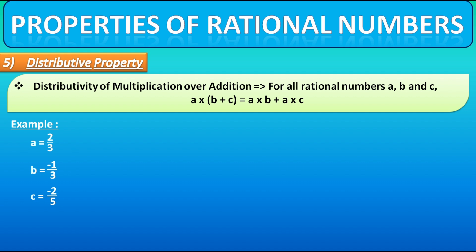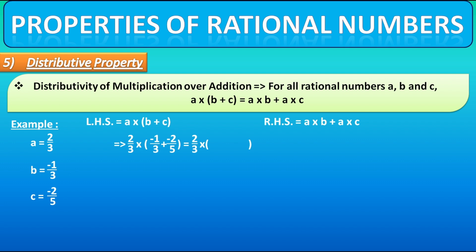Okay. Now let's find first of all the LHS part. So 2 upon 3 multiplied by, in the bracket, we have minus 1 upon 3 plus minus 2 upon 5. So first of all we will solve the bracket. So 2 upon 3 will remain as it is. Okay, and now here 3 and 5 are co-prime numbers. So 3 fives are 15 will come in the denominator. And now we have to multiply minus 1 into 5.